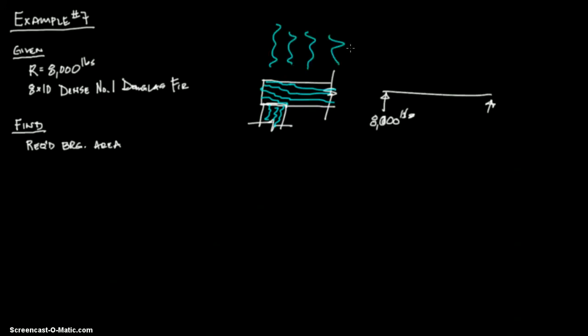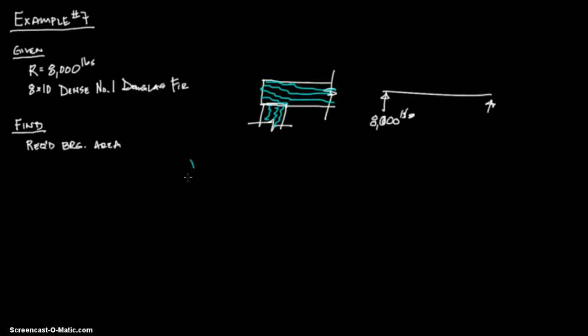So hopefully that makes sense. Wood is really good when you either compress it or put it in tension parallel with the grain, and it's not as good perpendicular to the grain.